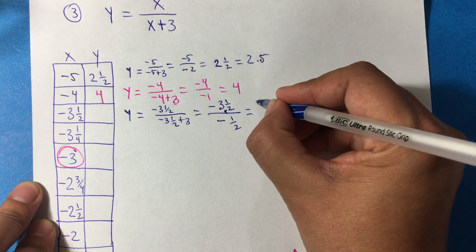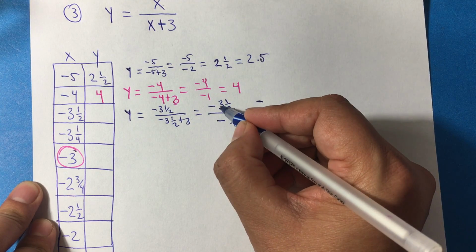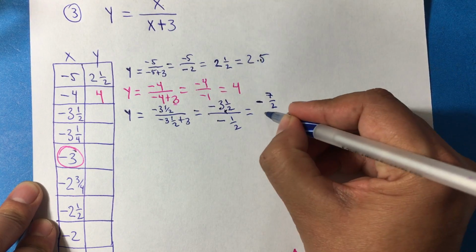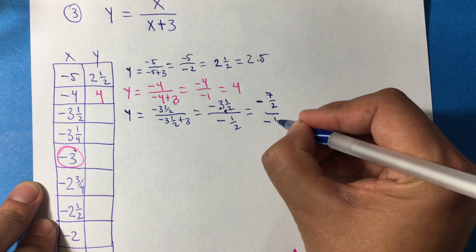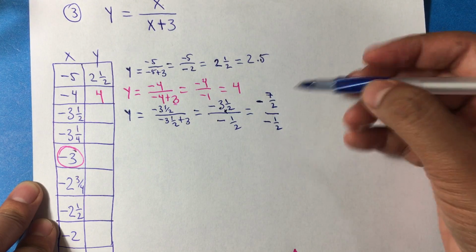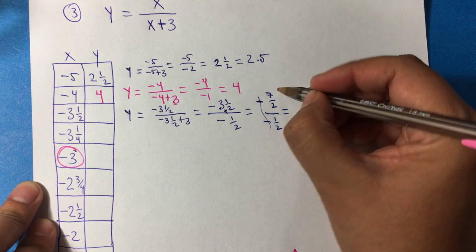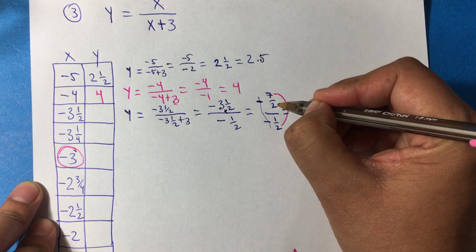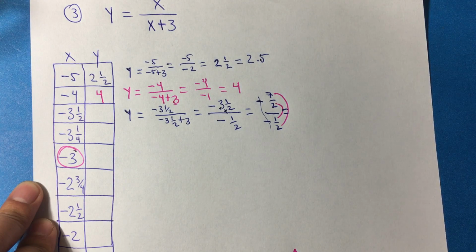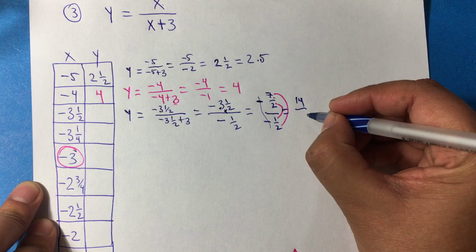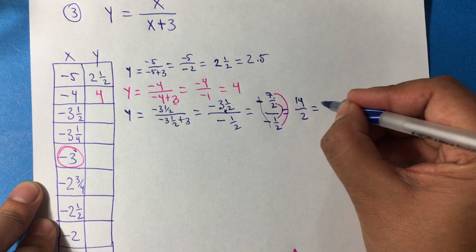We know that this is negative. 2 times 3 is 6, 6 plus 1 is 7, -7/2, divided by -1/2. Negative divided by negative is positive, so you can cancel that right now and then just multiply the outside with the outside, the inside with the inside. And 7 times 2 is 14, 2 times 1 is 2, and 14 divided by 2 is 7.